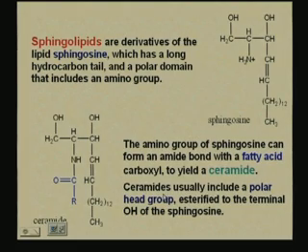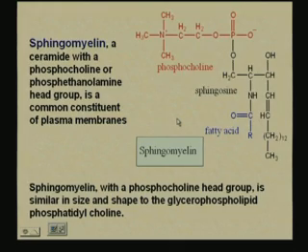So, we have ceramides that usually include a polar head group, esterified to the terminal OH of the sphingosine. Let's see what that is. Okay. So, what did we have? You recognize the basic structure of the sphingosine now? This is the basic structure of the sphingosine, the one in black.